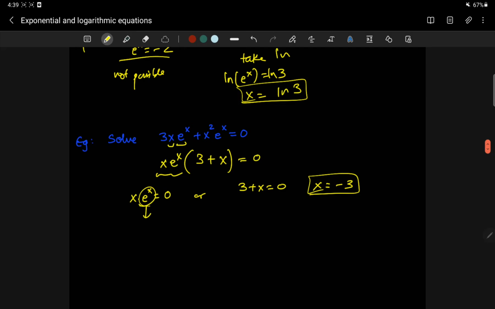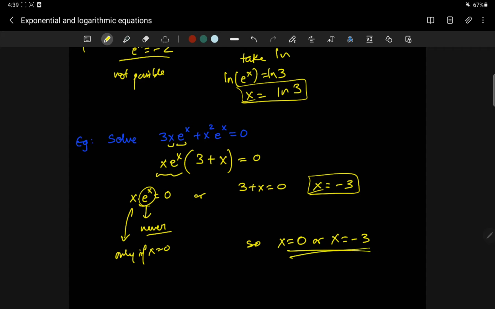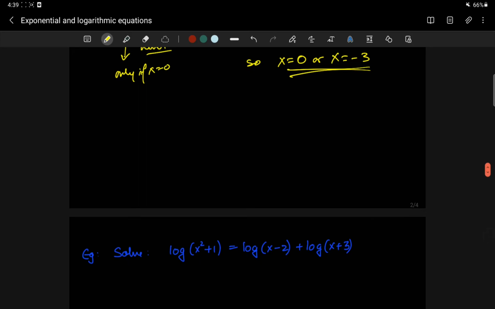Now here, e to the x is never 0. It can be very, very small, 0.0000 and so on, but it can never actually be 0, which means this is only if x is 0. So we either have x is 0 or x is negative 3. Nothing other than those two.